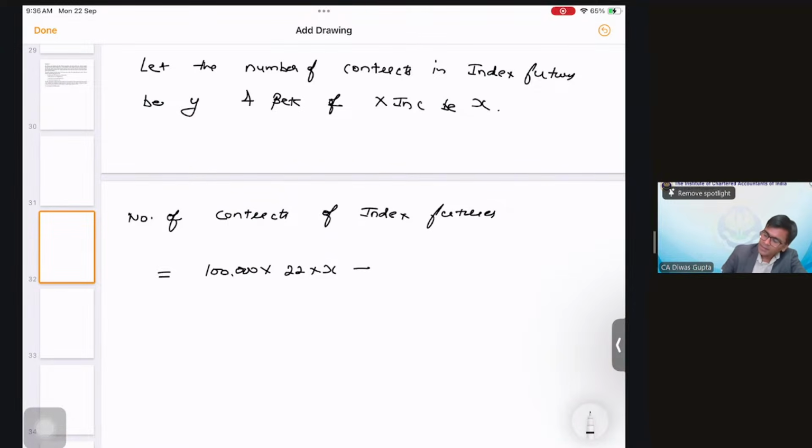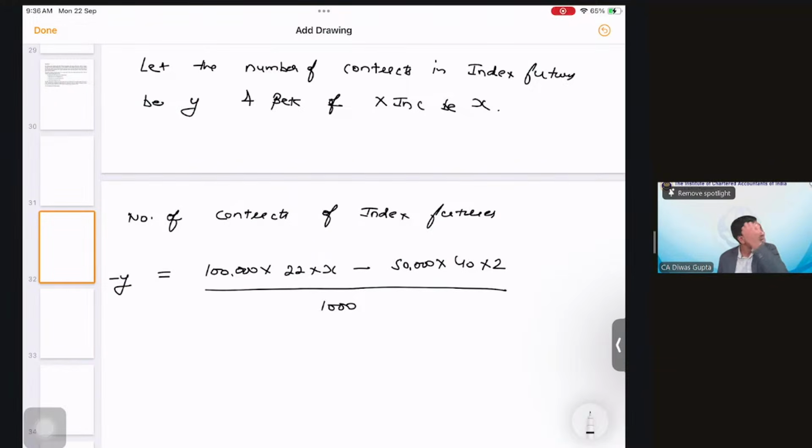Minus, why am I putting minus? Because the other one is a short position: 50,000 into 40 into 2, that's the total exposure, divided by 1000, which is the lot size. Minus Y is equal to this much. Minus Y, why? Because we are doing the short selling. That's why minus.